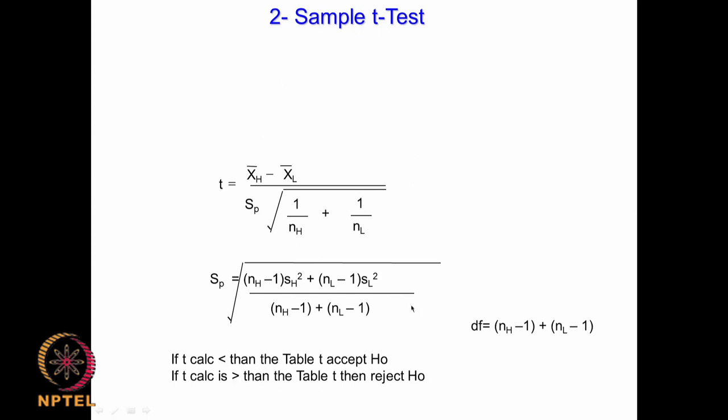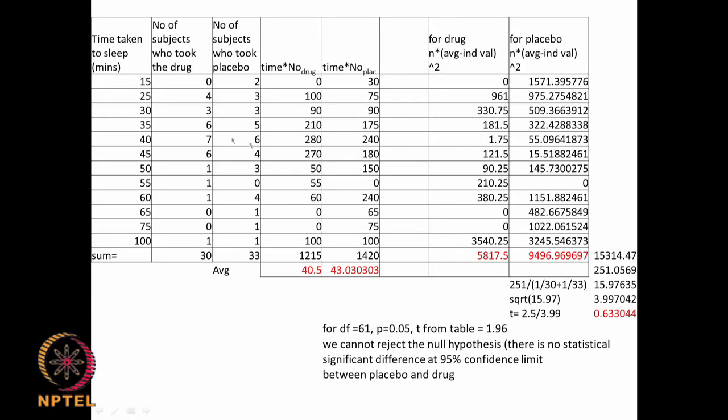So, we can use Excel like software to calculate all these parameters, the mean, the standard deviation of the individual samples, all these things. That is what we are going to do. So, again I am showing you the problem here, time taken to sleep in minutes, number of subjects who took this drug, number of subjects who took the placebo.